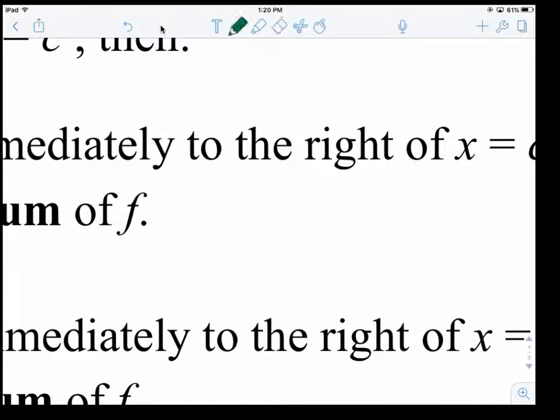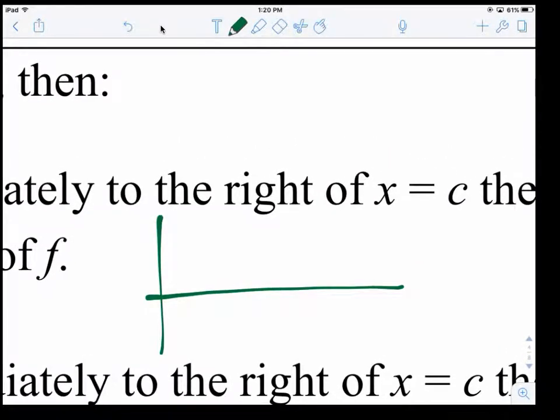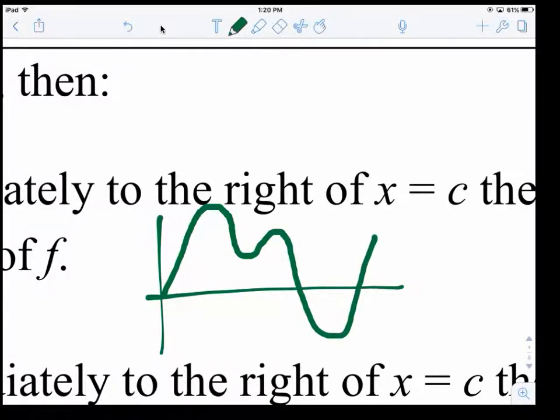All right. So I got a graph that looks like that, right? So the absolute max would be right here, and the min would be right here.